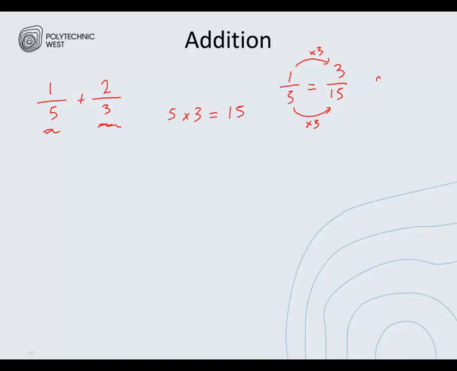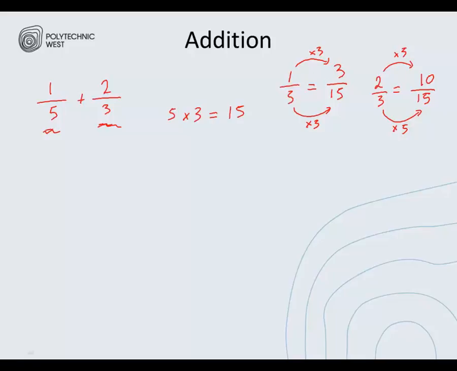And then let's have a look at the other one. 2 over 3 is something over 15. To go from there to there, I multiplied by 5. So I take that one and multiply by 5. 2 times 5 is 10. So 2 over 3 is 10 over 15.